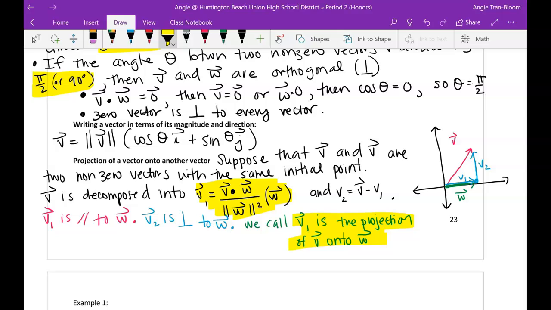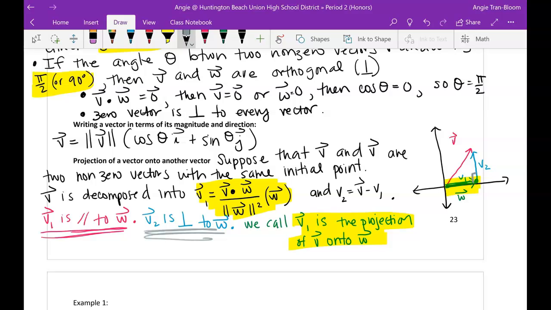So let's check my drawing to see if the statement is true. This statement said v1 has to be parallel to w. Well, that's really true, right? w is the green, and v1 is definitely parallel to w. Then it went on to say, is v2 perpendicular to w? Sure it is, right? This is 90 degrees right here, so v2 is shooting straight up.